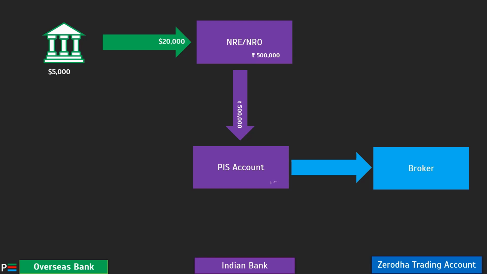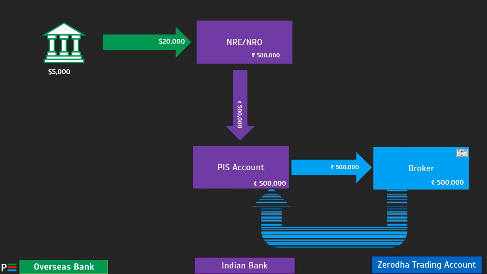As the money gets deposited into my PIS account, the broker is notified of the balance available in my PIS account. So the available capital in my trading platform will be 5 lakhs. Now that there are enough funds in my broker account, I should be able to go and purchase any of the shares that I want to. I have decided to buy shares worth 2 lakh rupees.